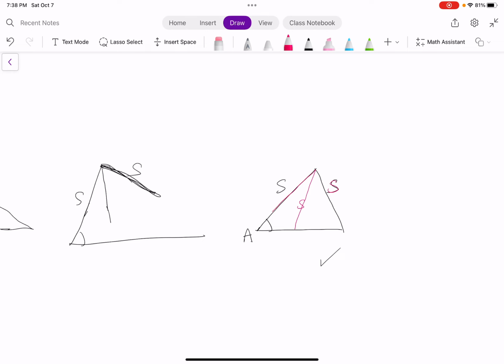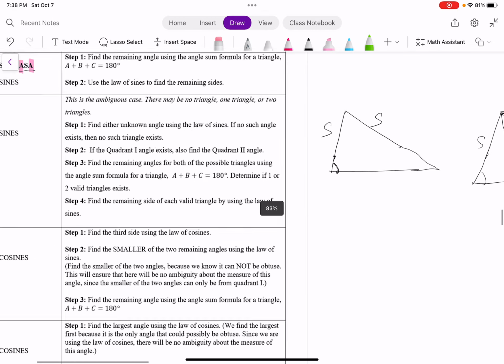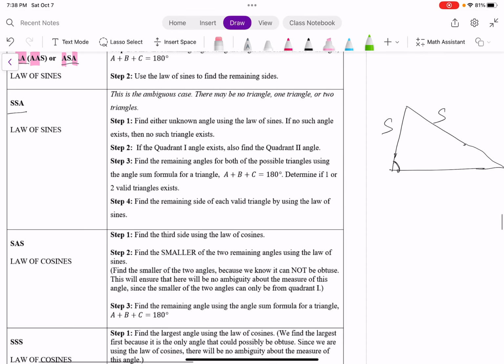So I can also construct a triangle like this. So maybe it's a triangle like this, or maybe I have the triangle like this. It all depends on the value of SA. Okay, so let's see the SSA case.